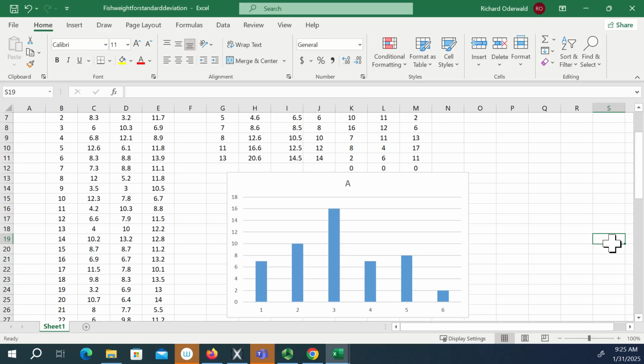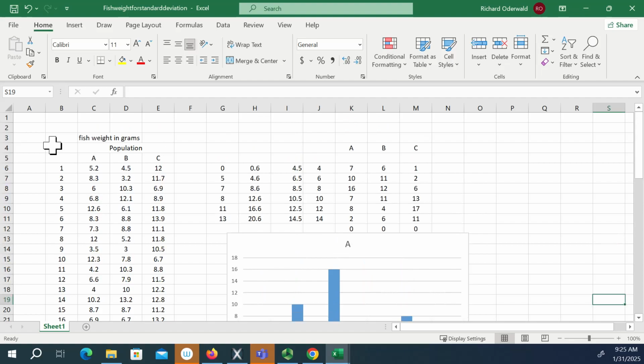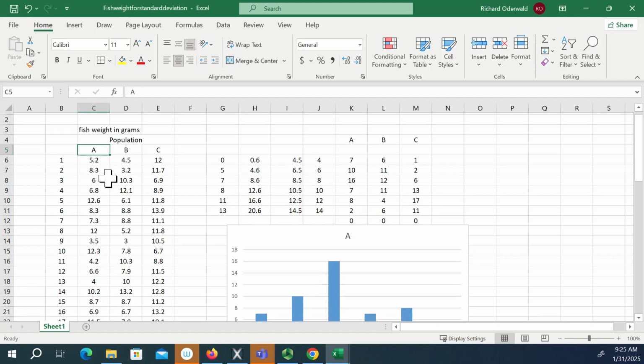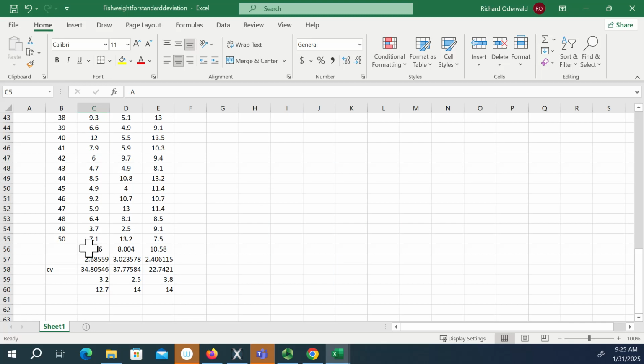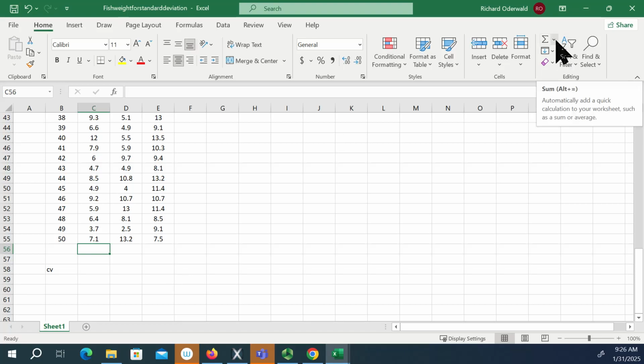So if we go to the bottom of column A, this is population A. There's some numbers down there already. Erase those. Here, we're at the bottom. We need the average of this, and we can do this with the automatic command because we can get to the end of the list.